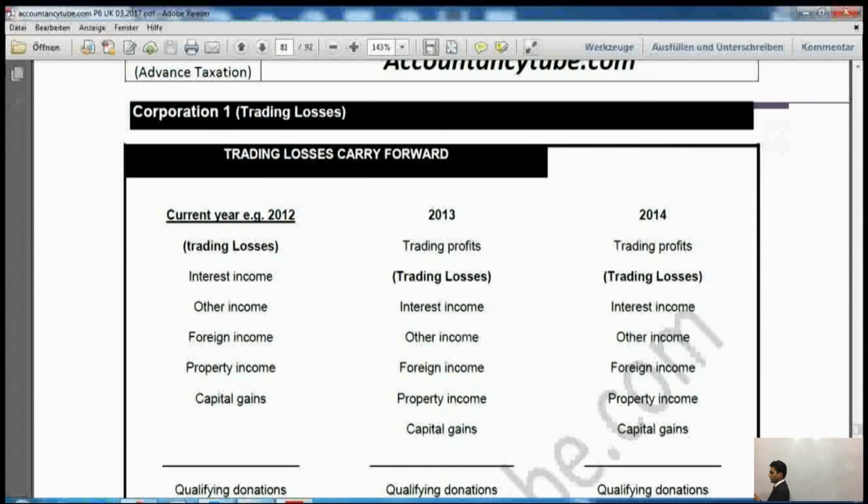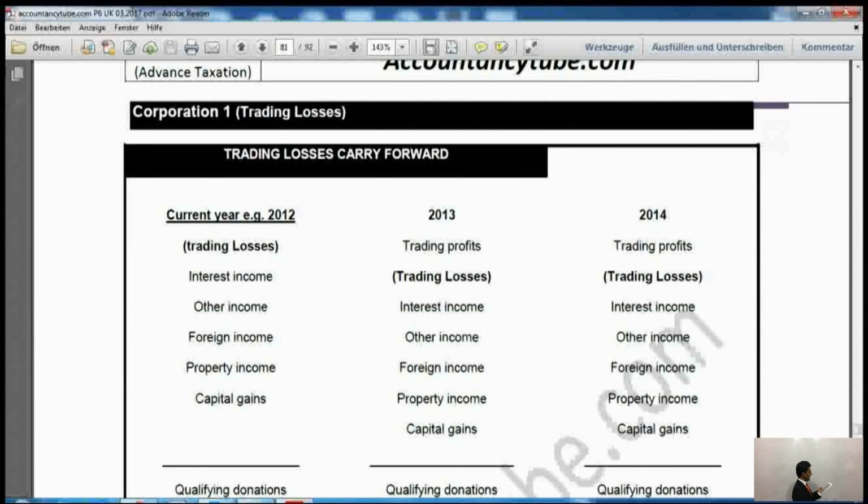If you look at the first year, which is our crunch year, we have got a trading loss, then we have got interest income, other income, foreign income, property income, and capital gains. And after deducting the qualifying donations, what we have got is total taxable profits. And if we look at 2013 and 2014, we have got the figures as well.